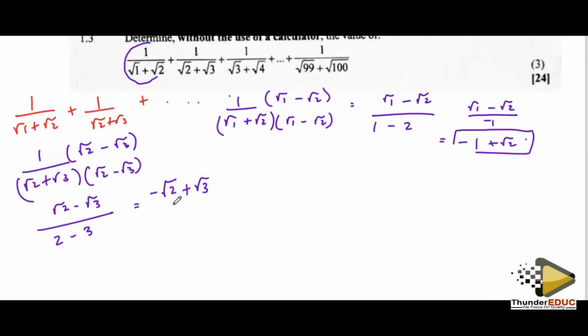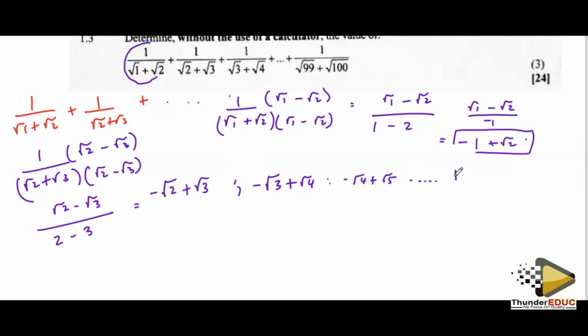So there is something I'm seeing. If I am to replace this, according to the progression, I'm always going to get, let's say my third term is going to be negative root 3 plus root 4. And then I'll have negative root 4 plus root 5.